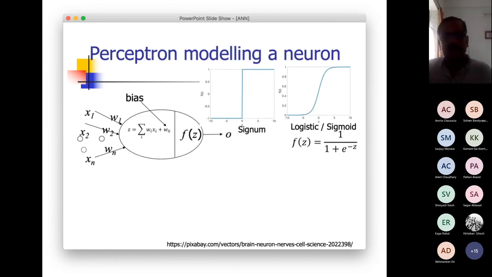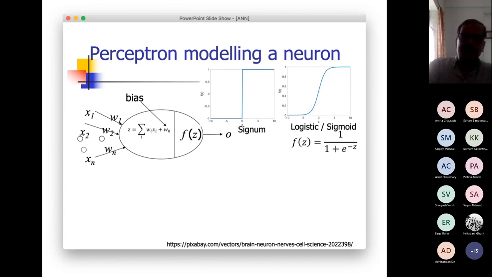We discussed earlier, while discussing linear discriminant classification, that a linear discriminant classifier, particularly a two-class classifier, can also be modeled in a graphical form, where the processing is done at a node known as the perceptron. It has the input feature vector and a weighted combination of the input feature vector plus a bias term w naught.